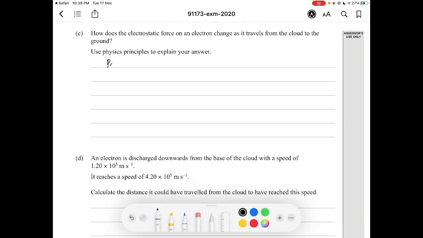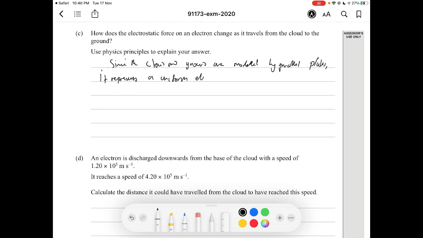You can start with this: since the cloud and ground are modeled by parallel plates, it represents a uniform electric field.